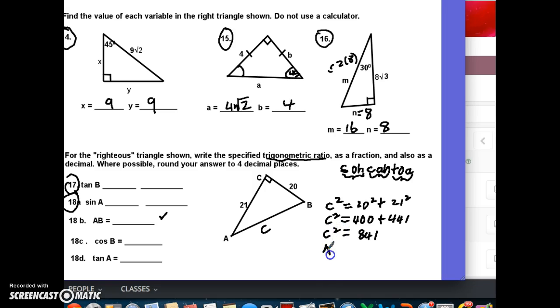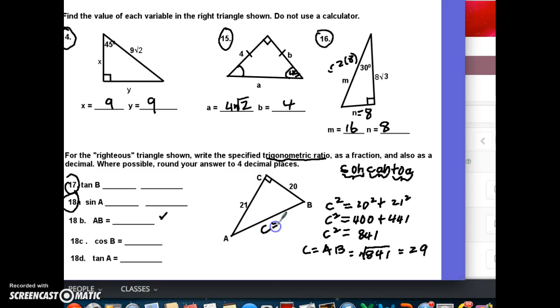So AB, which is the same as C, will be the square root of 841. I think that's 29. Let me double check it with my calculator here. 841. Yeah, that's going to be 29. So that gives us the third side length.